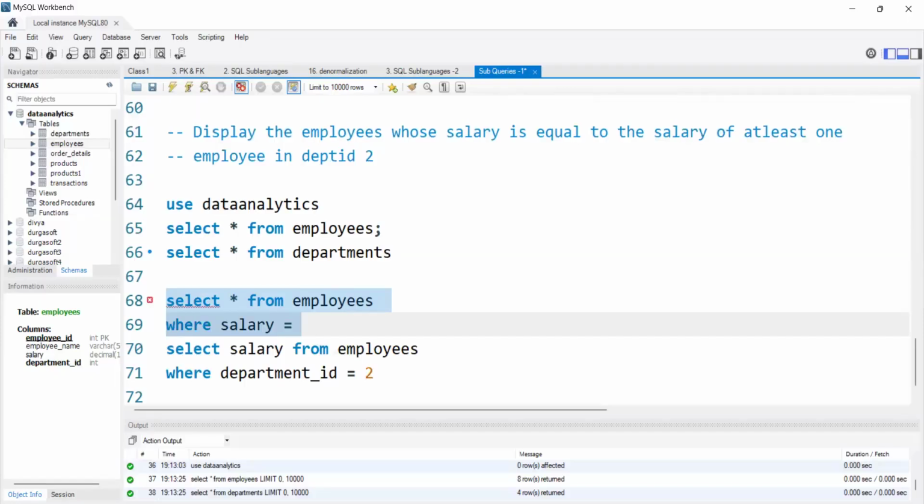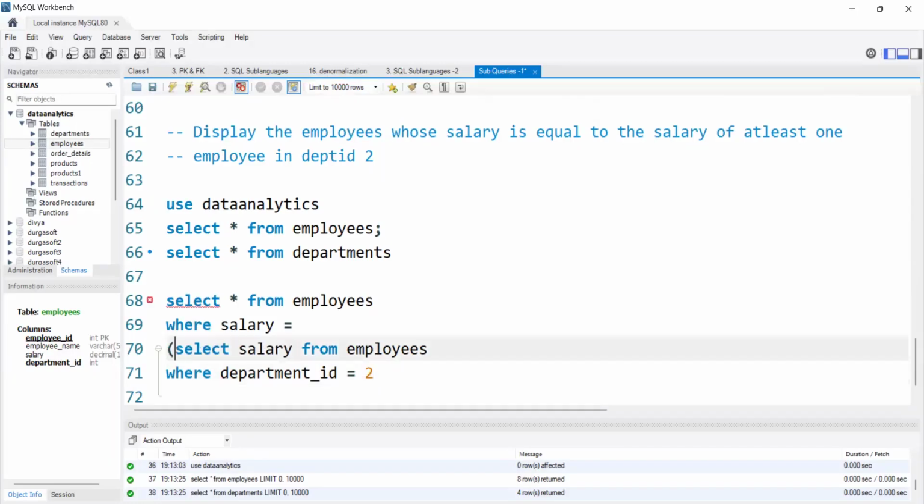We need to fetch the details of the complete employees whose salary is equal to at least one of the employees in department ID 2. Okay. Now the concept here is I will use this one as my inner query. Wherever I write my inner query or subquery, I need to write it inside parentheses, correct? And this will be my outer query, right?